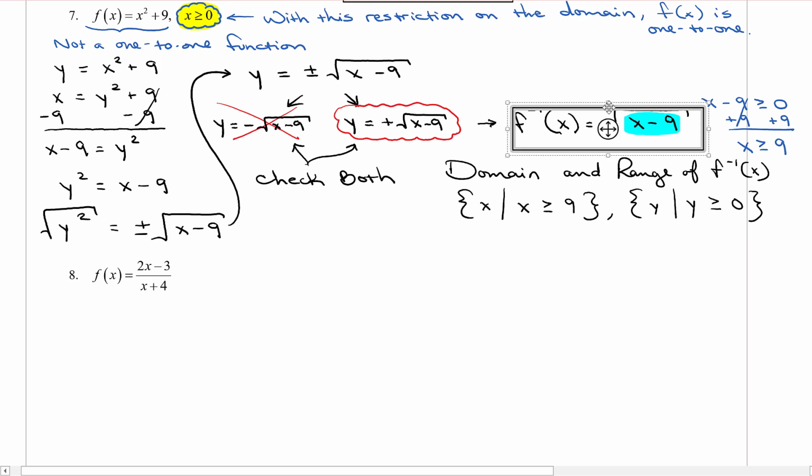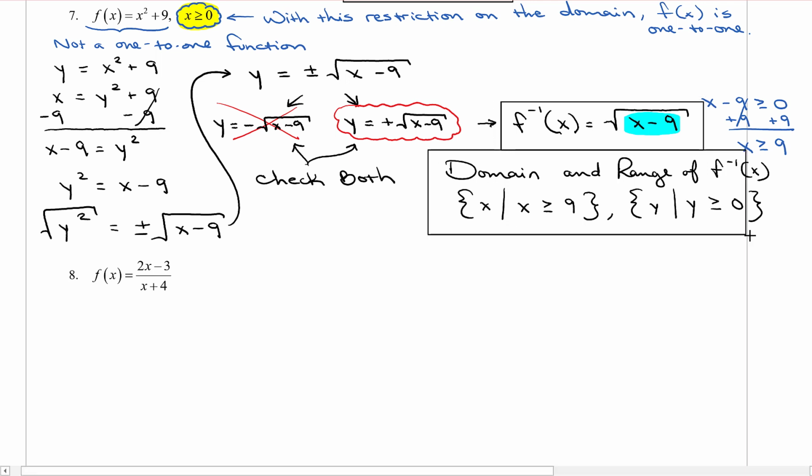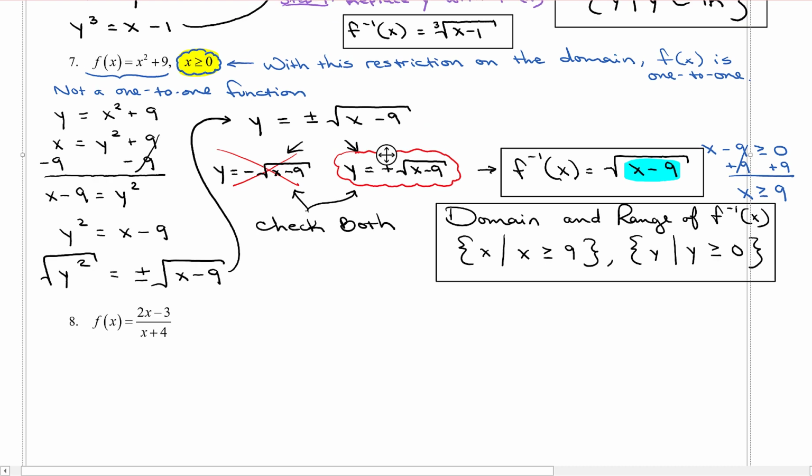Another option for getting the range is by looking at what was your original domain of your function, because remember, you're ultimately just interchanging the domain and range when it comes to your inverse functions, right? So when I'm looking at the domain and range of my inverse, I know that the original function has to have these switched.